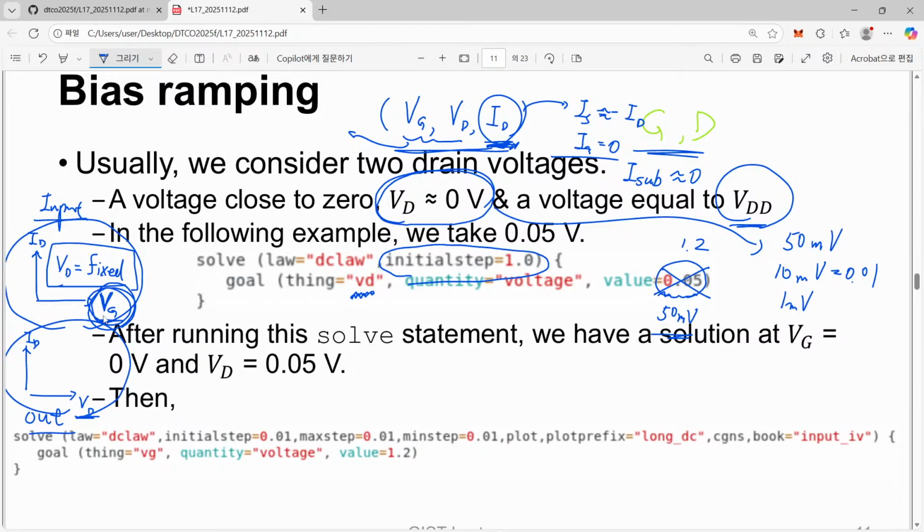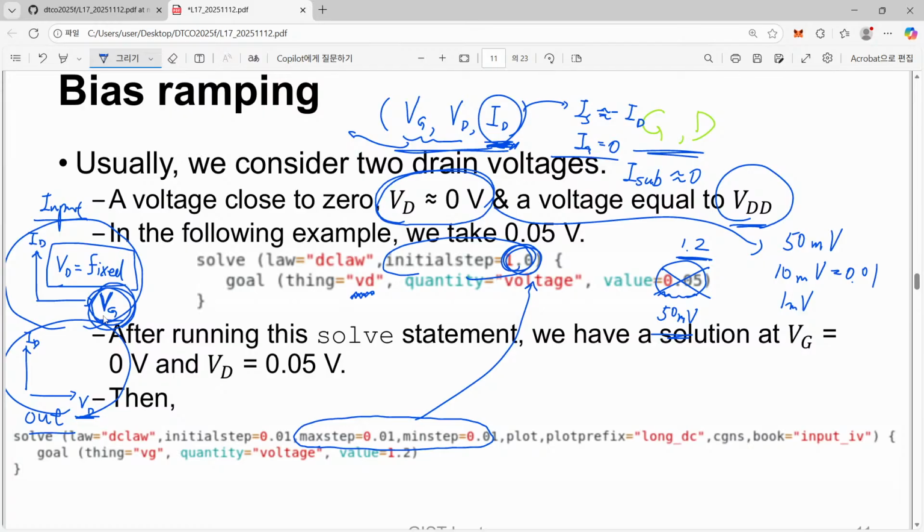There is no guarantee for that. So if you wanted to introduce this 1.2 value, then you have to reduce this initial value and also introduce certain specification of a max step and min step. So I will just leave it to you. Try to find out the correct value.